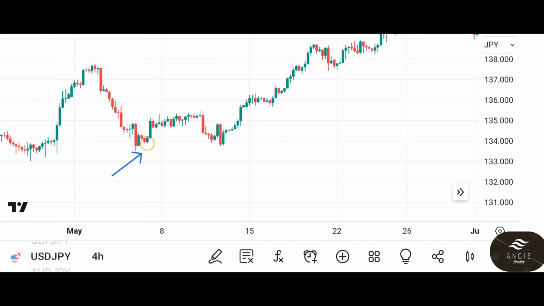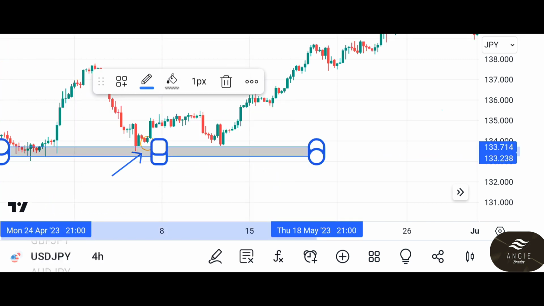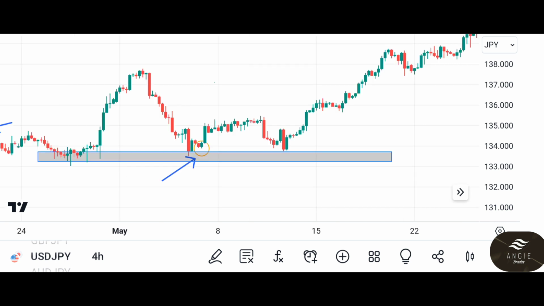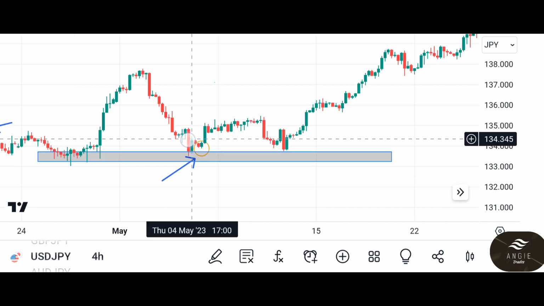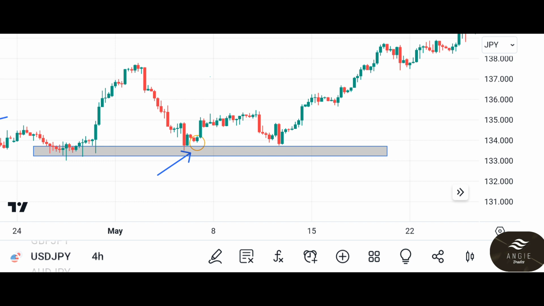As you can see, there is first a bearish downtrend to this support level, or support zone, whatever you call it. After that huge bearish run to that support level, there is first a bullish rejection, or a mere rejection, and then a bearish retracement to that support level.